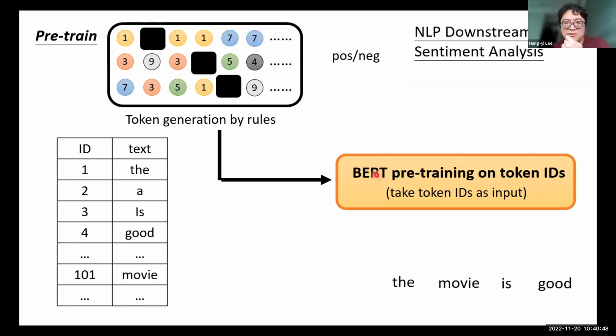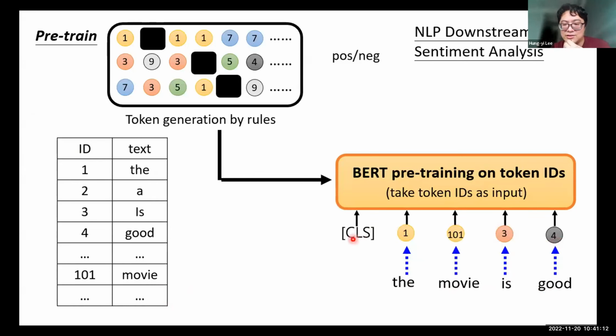Because this model is trained on token sequences, but the input in the downstream task should be English, we have a mapping table to transform the ID into text. And this table is randomly generated. So we map an English sentence into a token sequence.